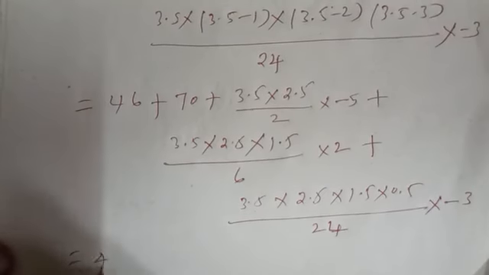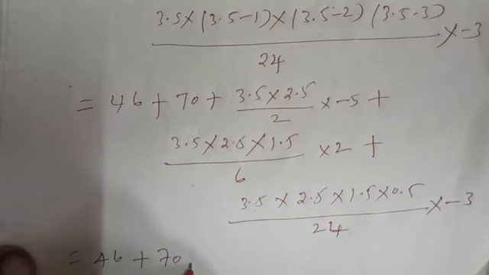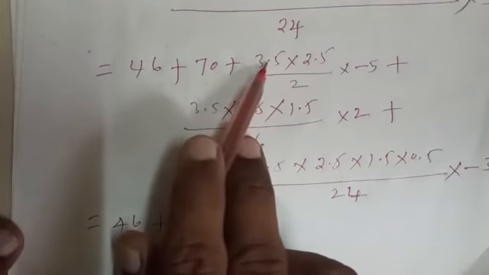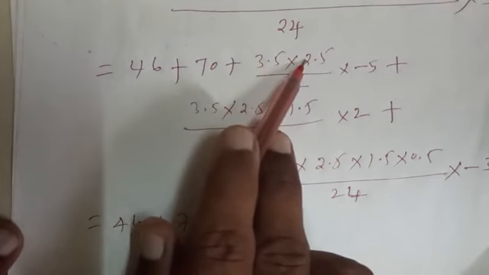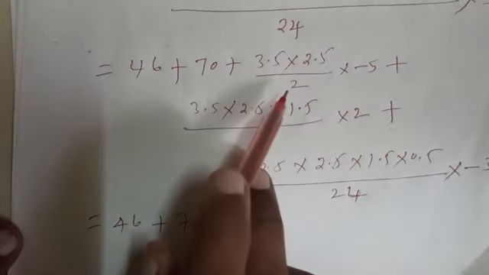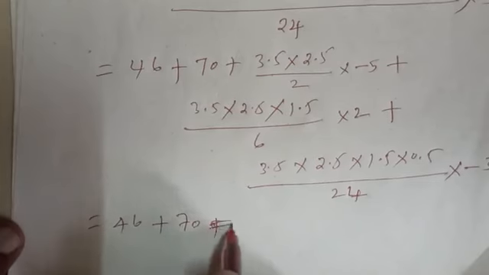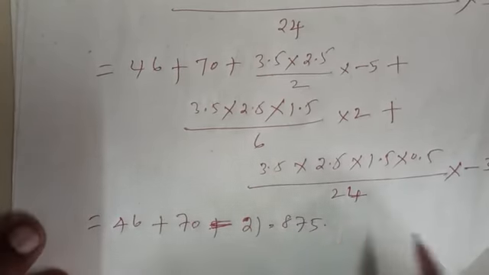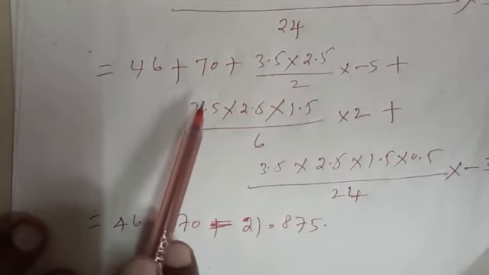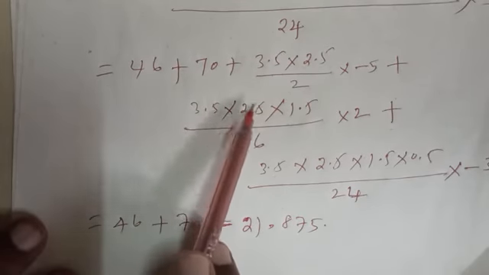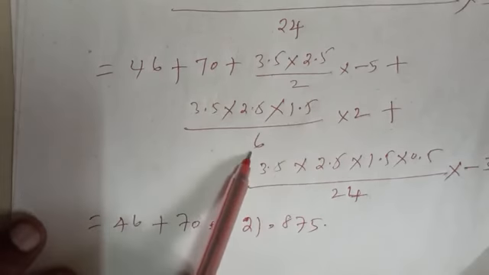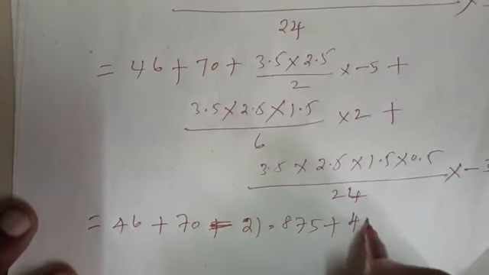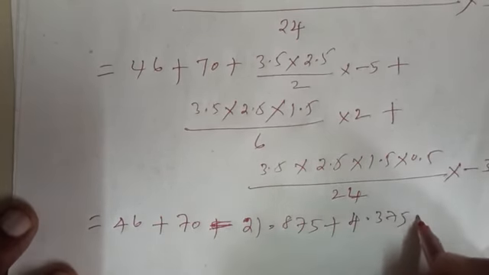Now 46 plus 70 plus, multiplying 3.5, 2.5 into minus 5 divided by 2, the result is minus 21.875. Next, 3.5 into 2.5 into 1.5 into 2 divided by 6, that value is plus 4.375.